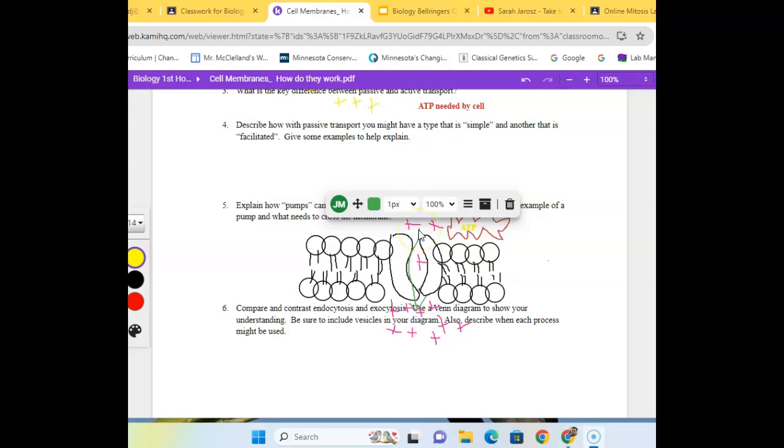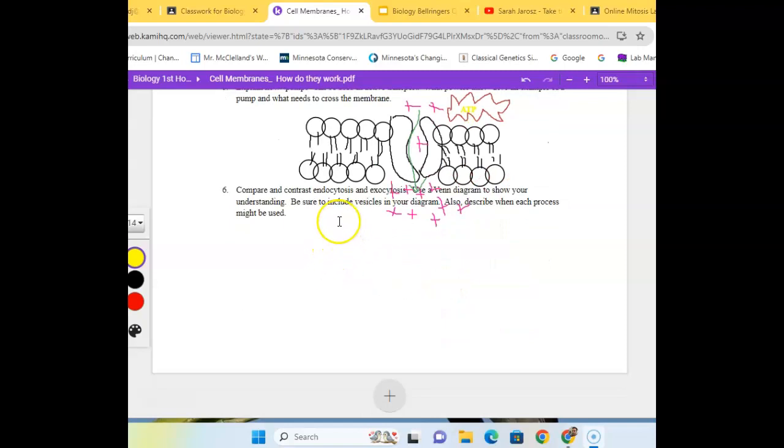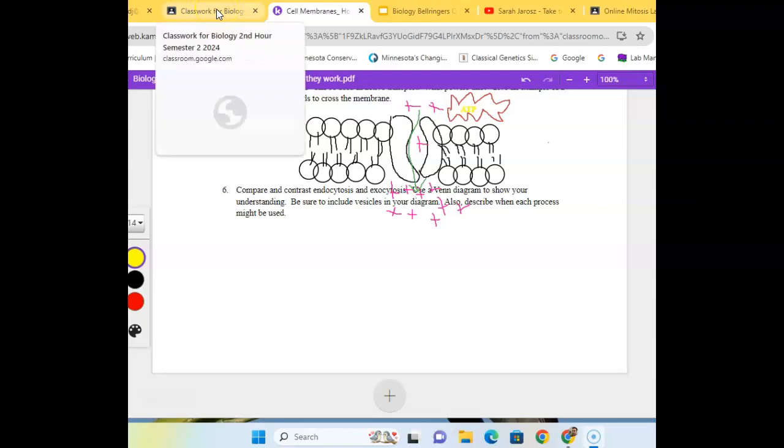And so it's going to spend a little ATP to get that glucose molecule in so that it can get 36 ATP built from that glucose. So that's an example of protein pumps and active transport in cells. And we'll talk about endo and exocytosis looking at the next diagram.